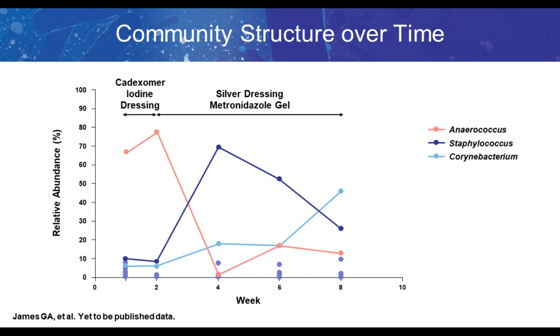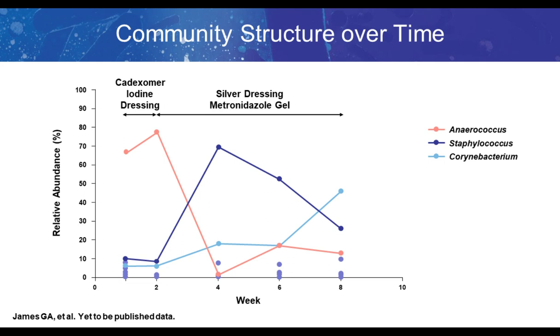And then from week 2 through week 8, the patient was treated with a silver dressing and a metronidazole gel. Now, metronidazole is an antibiotic that specifically targets anaerobic bacteria. And what you can observe here is that after that change in the topical treatment, we get a huge decrease in Anaerococcus. So the targeted bacteria come down.